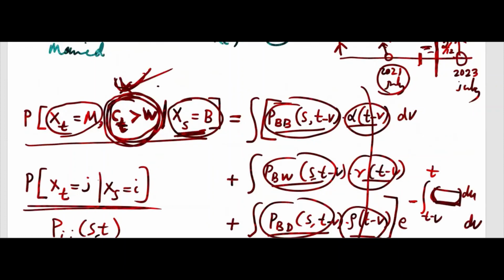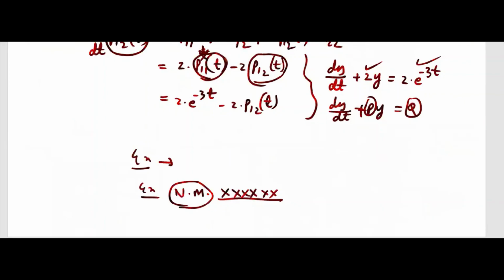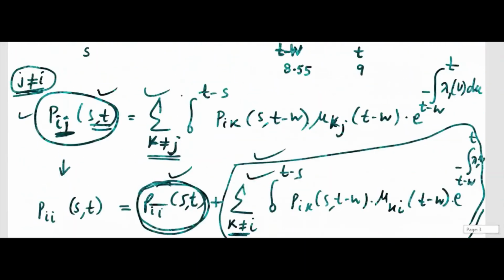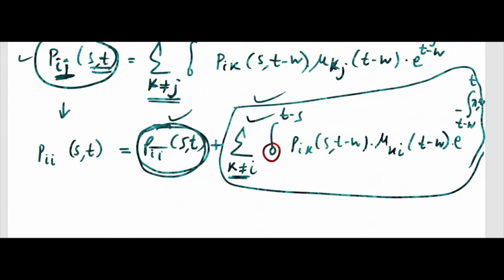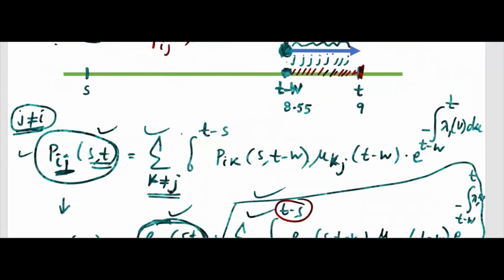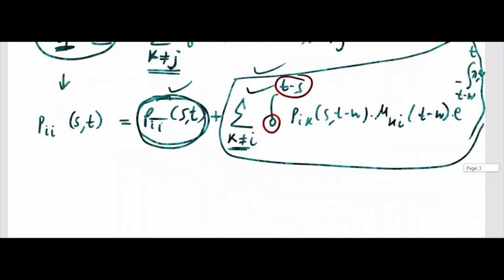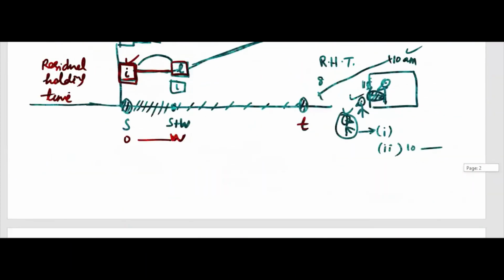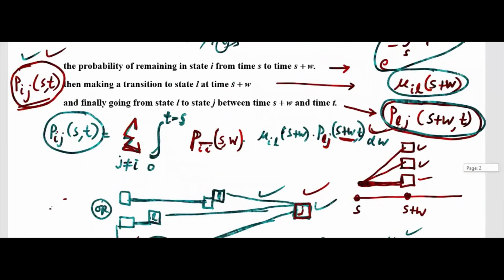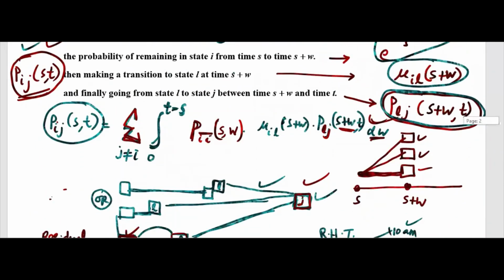If you go back to our file, here we have started from 0 to t minus s, but this will change to W, because minimum W, see, when we talk about where I have written dW. It's not written with the integral sign here.